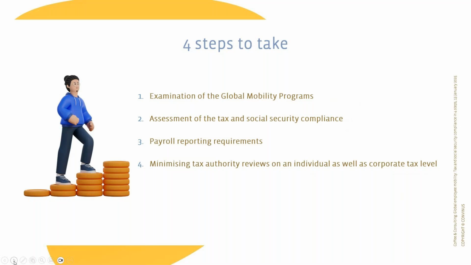In the end, the assessment of tax and social security will come together in the payroll reporting requirements on top. So in the payroll, everything comes together, and there you definitely need to know where taxes have to be paid, as well as where social security contributions have to be paid. And then also looking at what kind of payroll reporting requirements I have as a company or a legal entity.